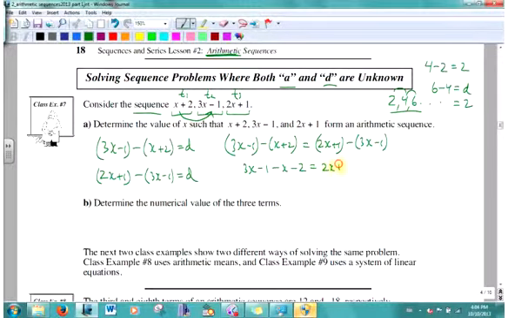Is 2x plus 1 minus 3x. Negative times a negative is positive 1. Okay? 3x minus an x is 2x. Negative 1, negative 2, minus 3 is 2x minus 3x is minus x. 1 and 1 is 2.